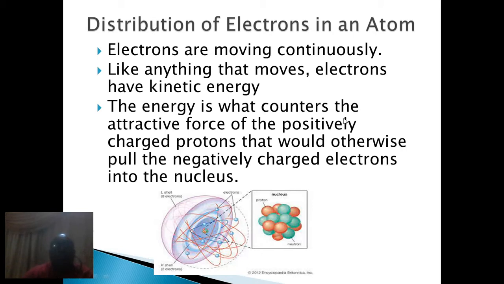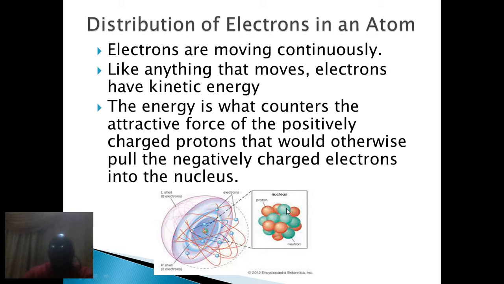The energy is what counters the attractive force of the positively charged protons that would otherwise pull the negatively charged electron into the nucleus. You remember we said the protons are positively charged, while the electrons are negatively charged. Ordinarily, we expect an attraction between opposite charges, positive and negative.